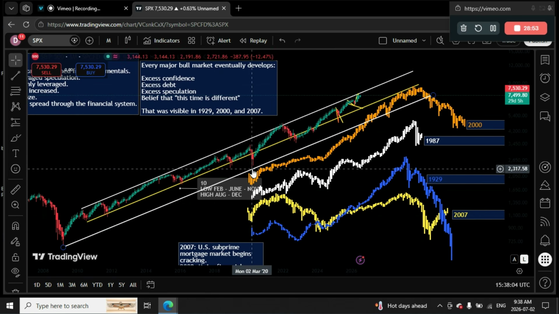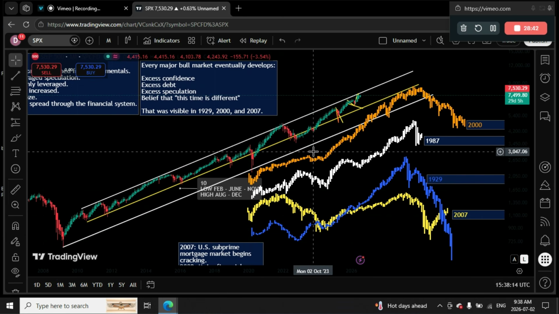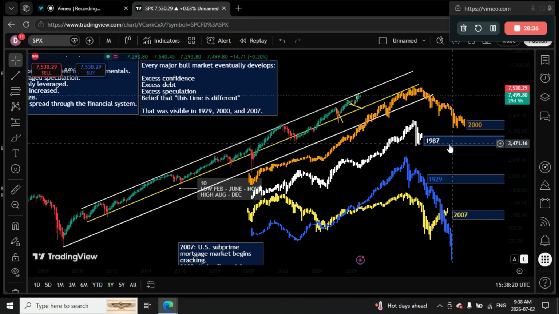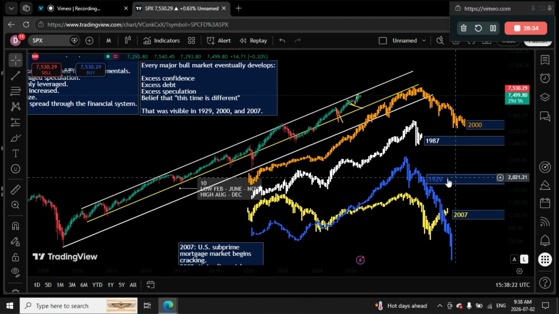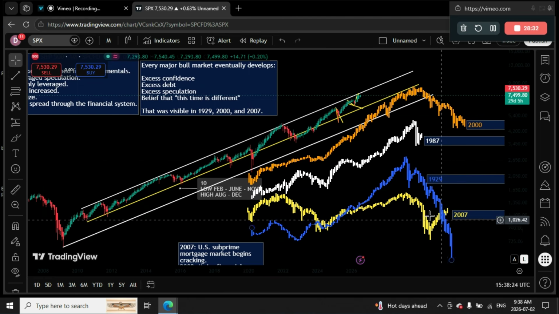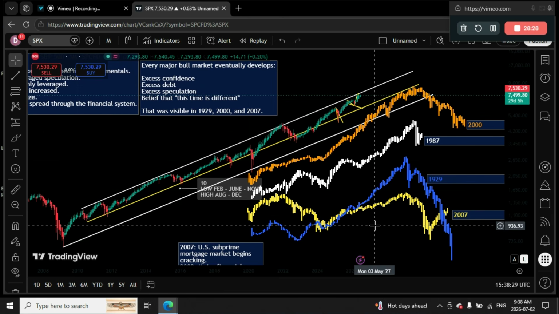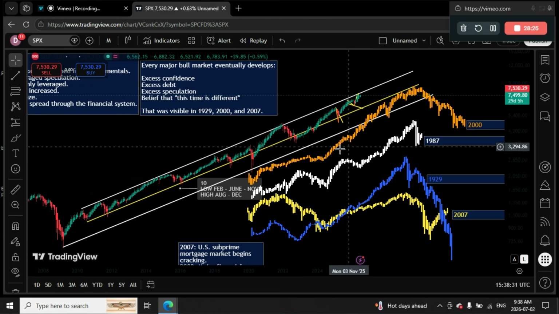So since 2020, we had a major capitulation in the S&P 500, and I took previous models, the dot-com bubble, the 1987, the 1929, and the 2007 campaigns, and I just copied them on.